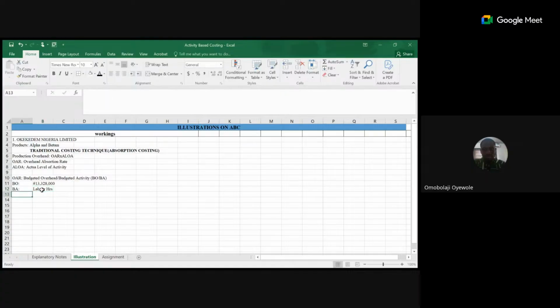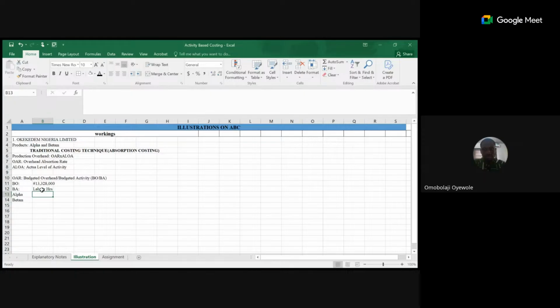How many products do we have? Two products: the first one is Alpha and the next one is Beta. What is the labor hours for Alpha, and what's the labor hours for Beta?